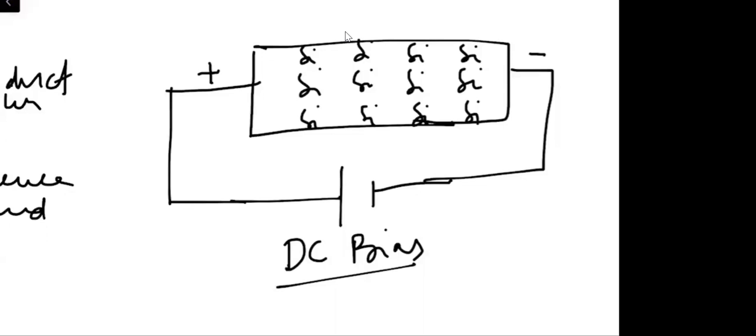Due to this positive terminal, the free electrons available in the conduction band will start moving towards the positive terminal. And due to that, a current will be generated, and that current is called the electron current, right?